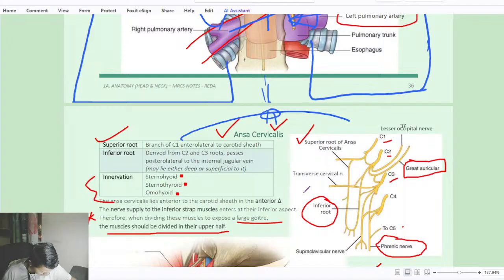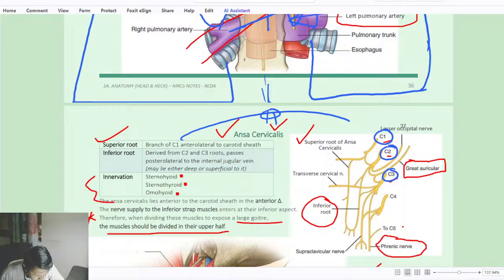Ansa cervicalis root value. We have to remember the root value. Ansa cervicalis is cervical 1, 2, 3. They have superior root and inferior root.